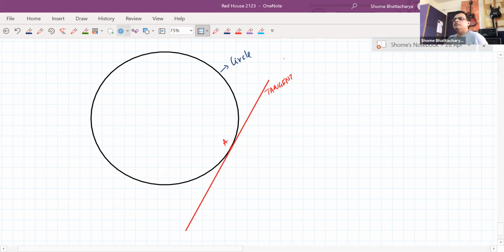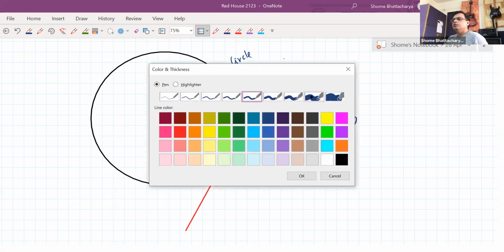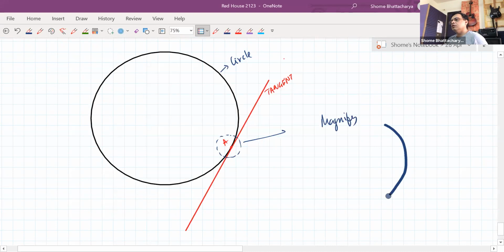So if we magnify the diagram at this point E, then what we'll come across is this. This is the circle.